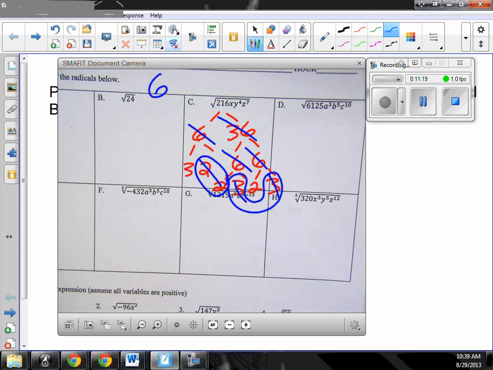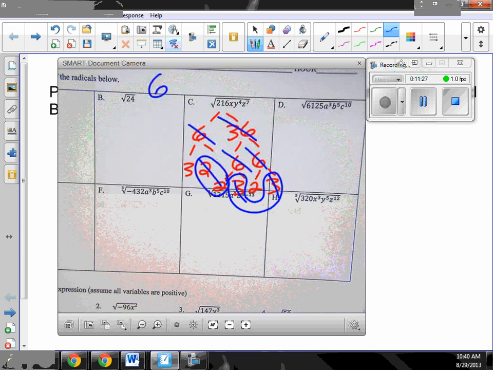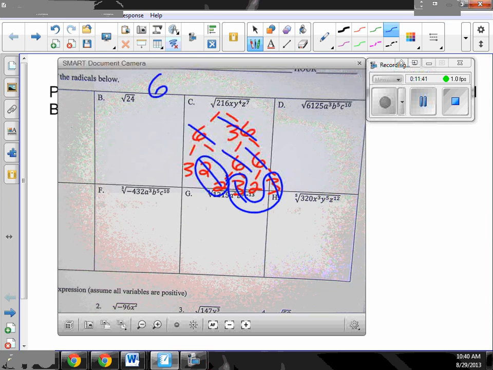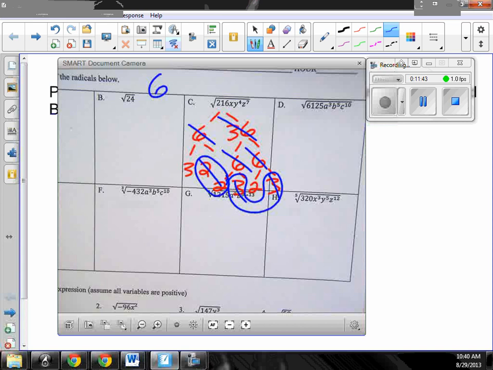Now let's look at the variables. Do I have a pair of x's? How many x's do I have? Just x to the first, which is 1. So the x stays put. Do I have any pairs of y's? How many pairs? I have 4 y's, which makes 2 pairs.